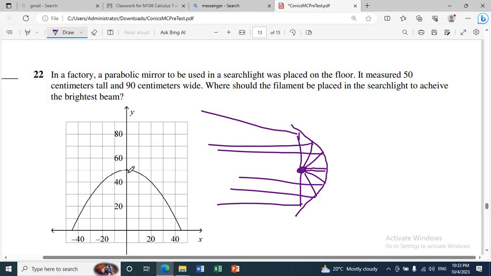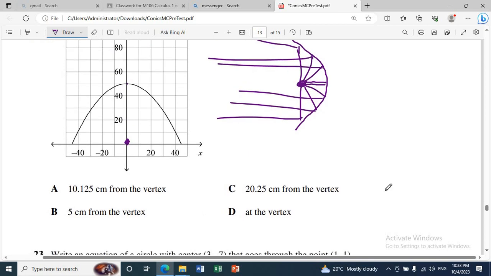Now, supposedly, the filament should be at the focus of the parabola. It's not bright at the vertex, so it cannot be on the vertex. Here, 5 centimeters from the vertex, it's located there.